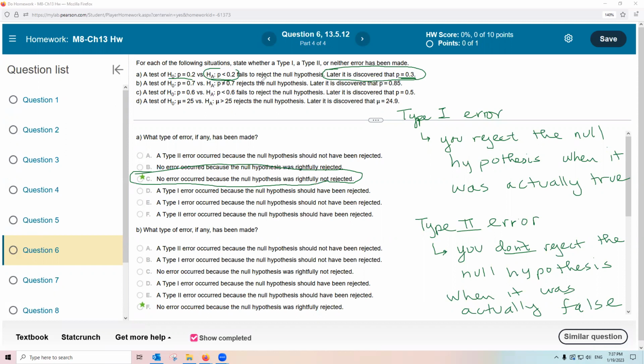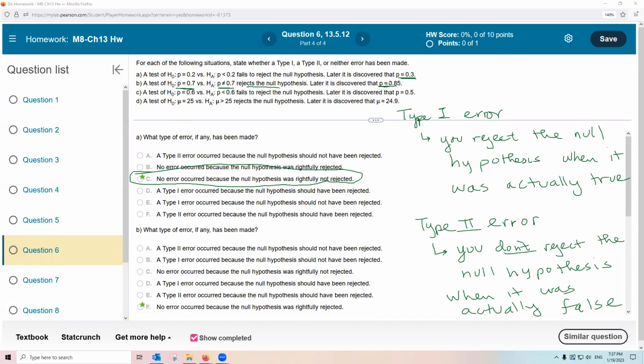Let's go to part B. Part B says you do a hypothesis test where the null is p equals 0.7 and the alternative is p not equal, and you rejected the null hypothesis. Later, it was discovered that p equals 0.85.